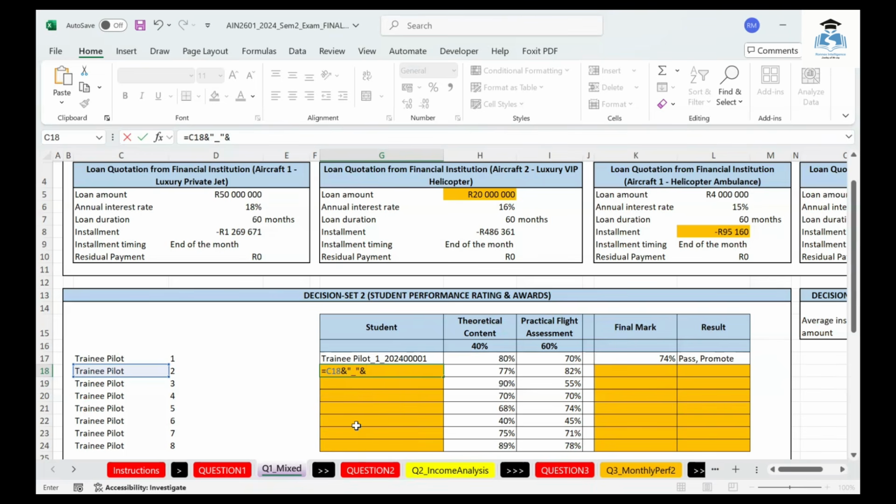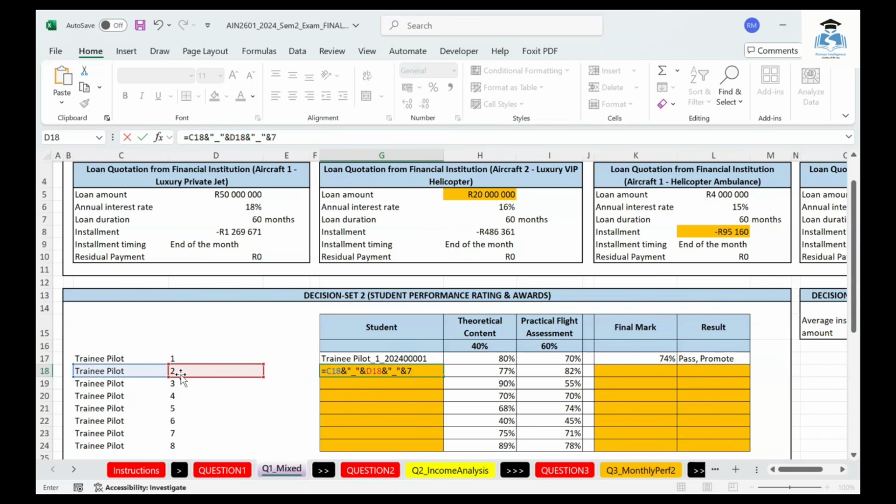So after the ampersand we go to D18, then ampersand, underscore, ampersand, and then the student number.